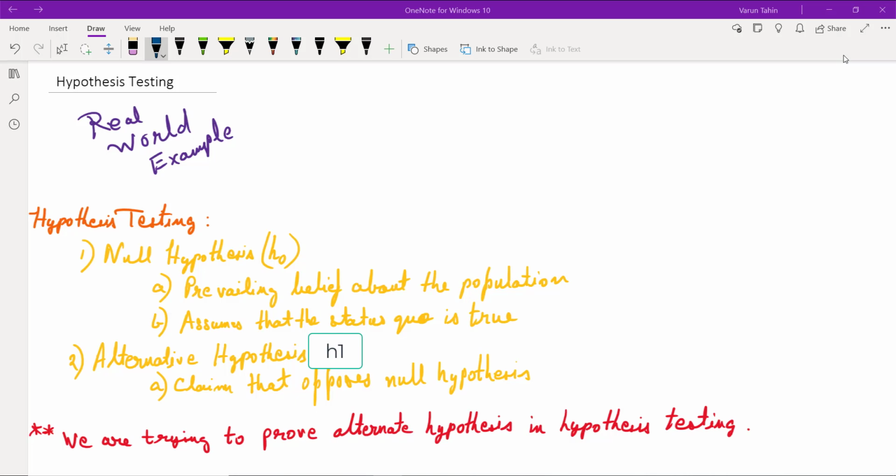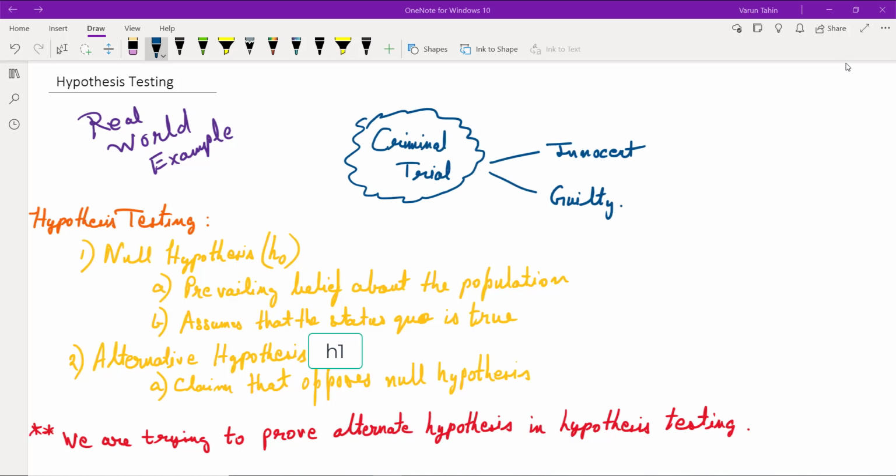Now we will understand this with the help of an example. Let's say that there is a criminal trial going on against a person, and there are only two possible outcomes from this trial. That is, either the person is found innocent or he is found guilty. Now guys, the law says until the person is found guilty, he is innocent, right? So after the trial only we will know whether he is actually guilty or not.